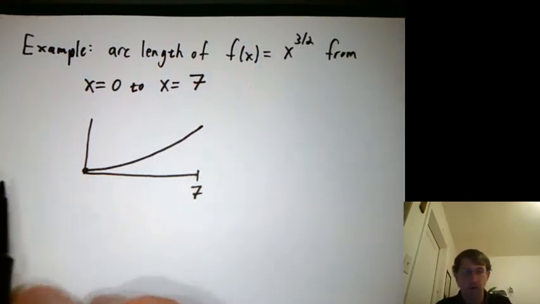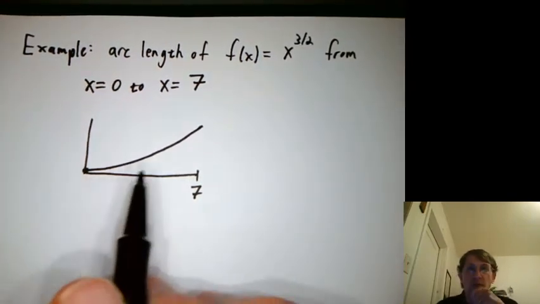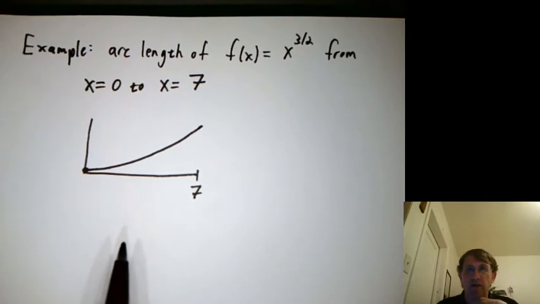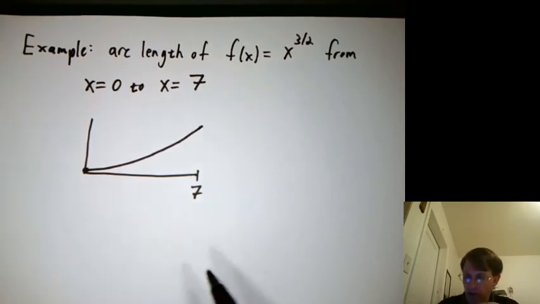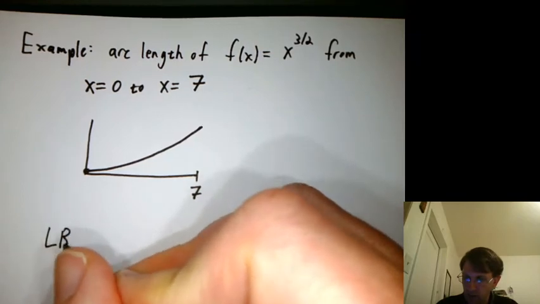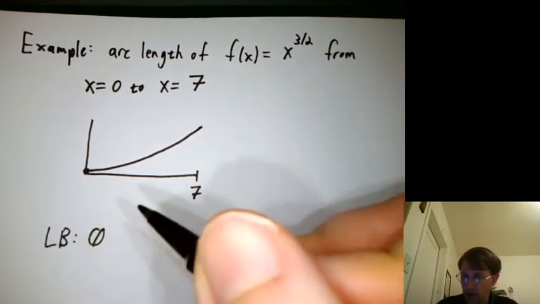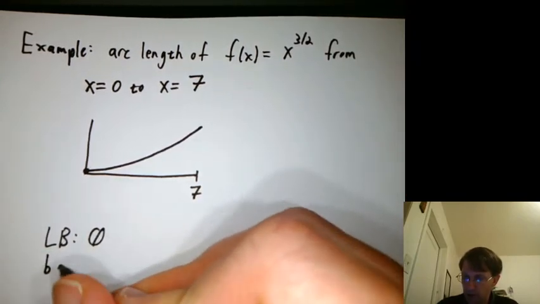What should we do before we do any fancy integral stuff? How about upper bound, lower bound, and guess on the arc length? So what can we do to get an upper bound or a lower bound or guess? Well, a quick lower bound would be 0, right? A better lower bound.